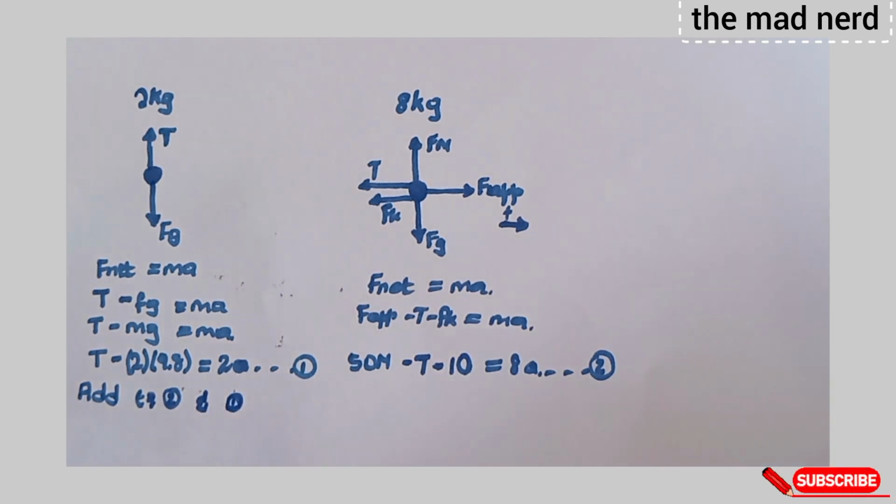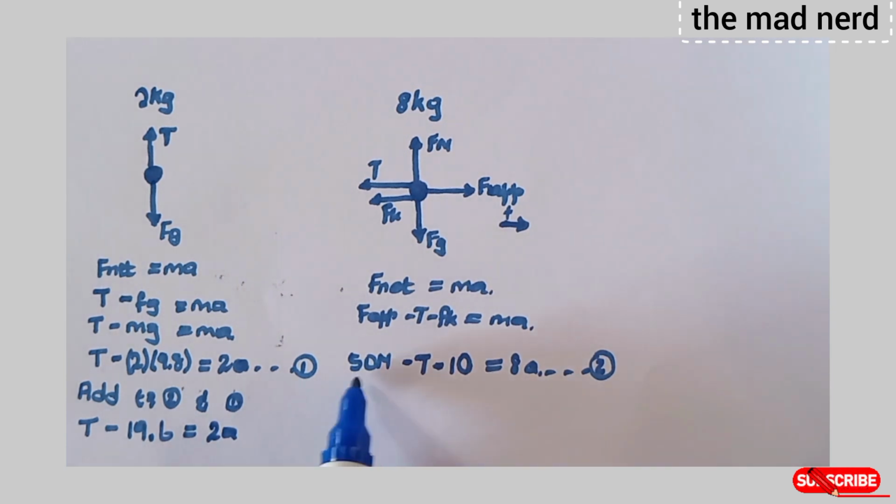T minus 2 times 9.8 gives us a negative 19.6, and it is equal to 2a. Now we look at equation 2: 50 newtons minus 10, we get 40. We say 40 minus T is equal to 8a.